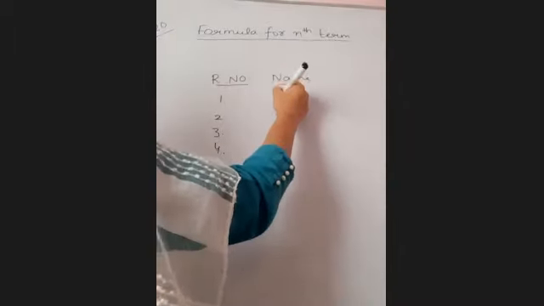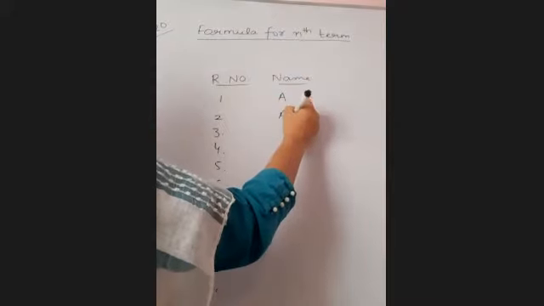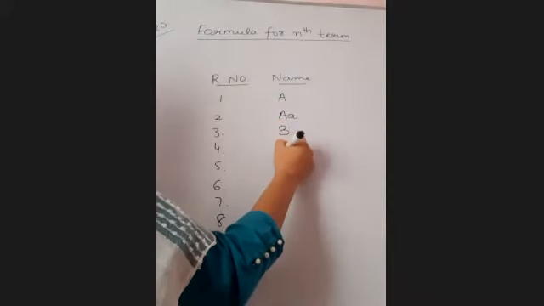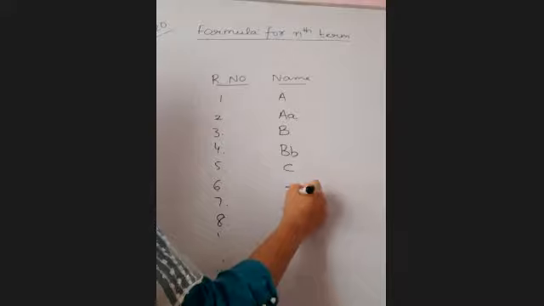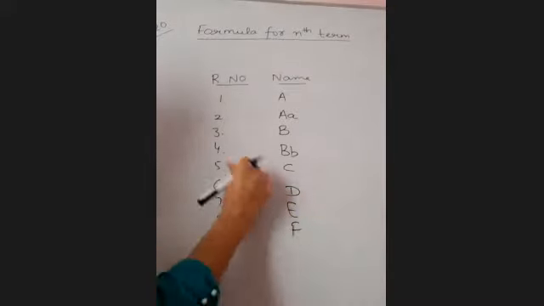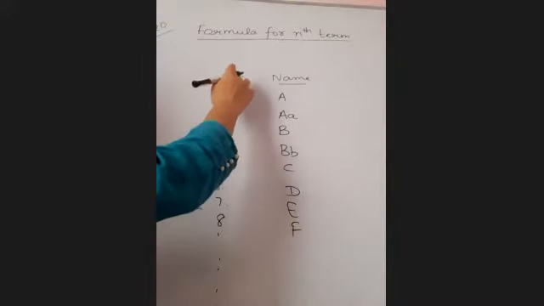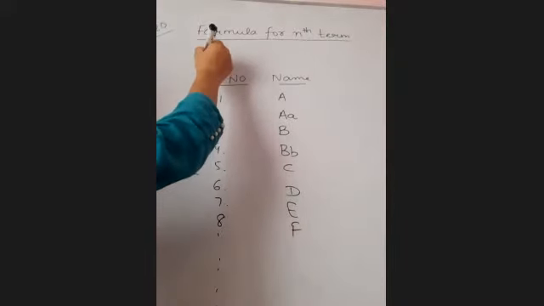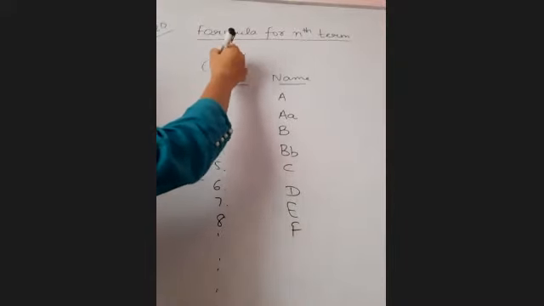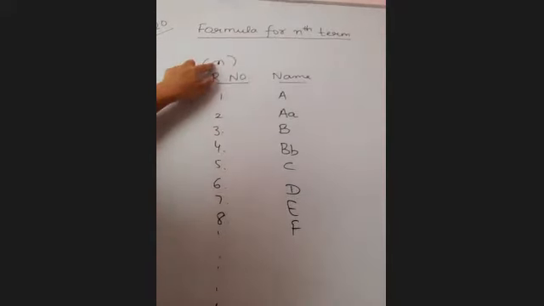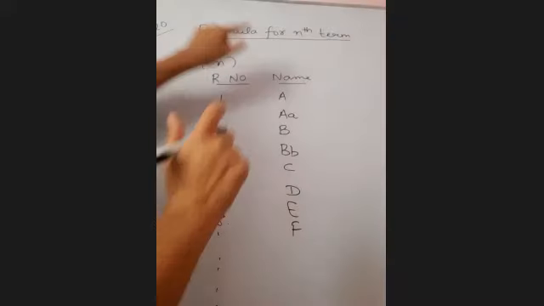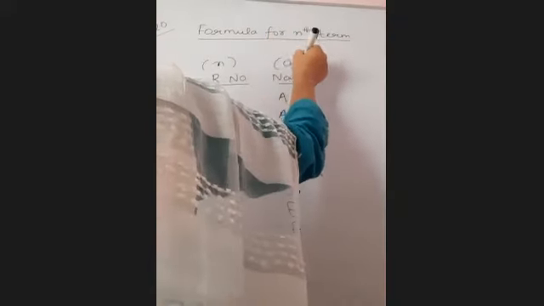Suppose there are names written A, B, C, D, whatever the names are, right? Then you can understand this way that this roll number is your value of n. N is a natural number. That is the value of n, right?